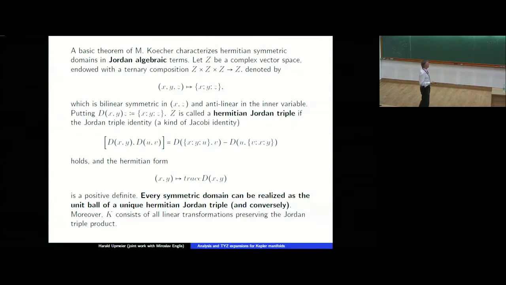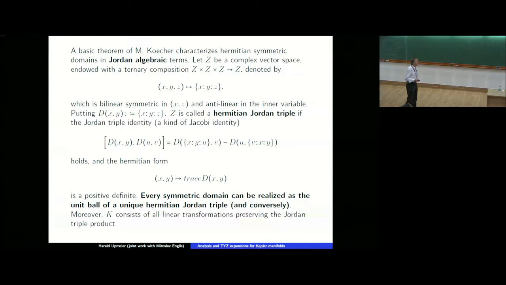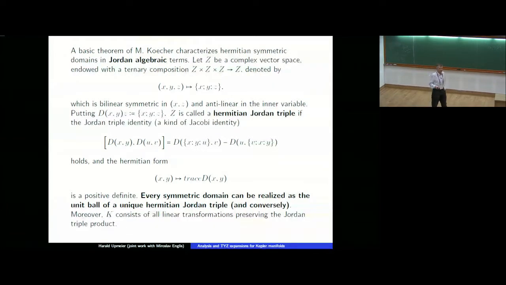Okay, now the first more technical identity, we call Z a Jordan triple of Hermitian type if 2 things happen. First of all, a certain identity, the so-called Jordan triple identity, which by the way will play no role for the rest of my talk, is satisfied, namely the commutator of 2 such D operators, D(x,y) and D(u,v), is a difference. So this means essentially that the Lie algebra generated by the D's is closed under Lie bracket.